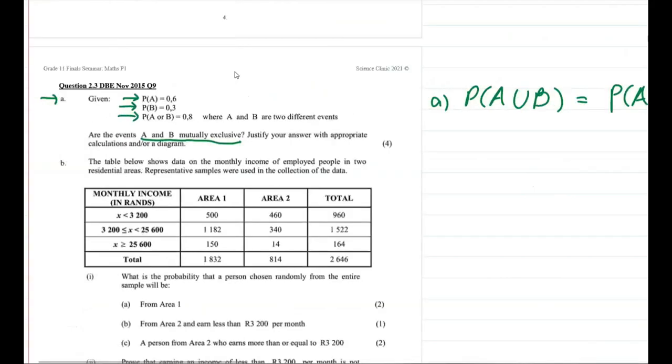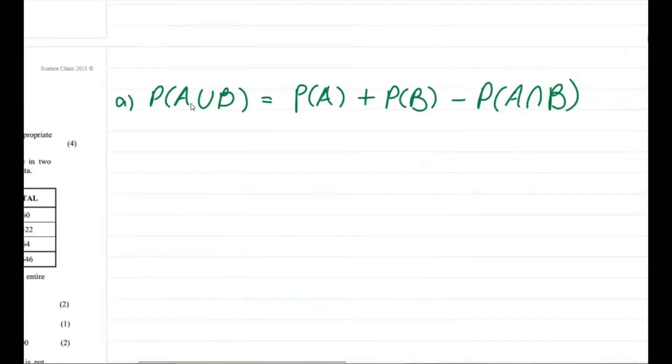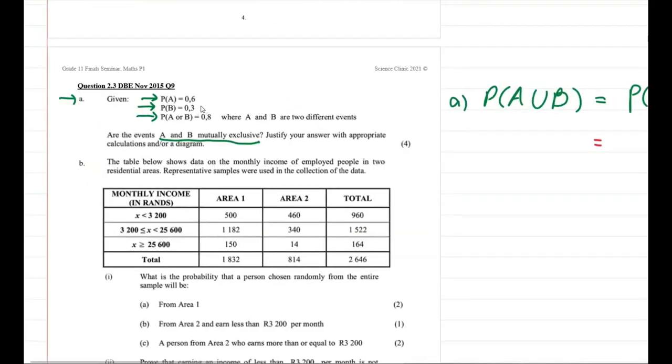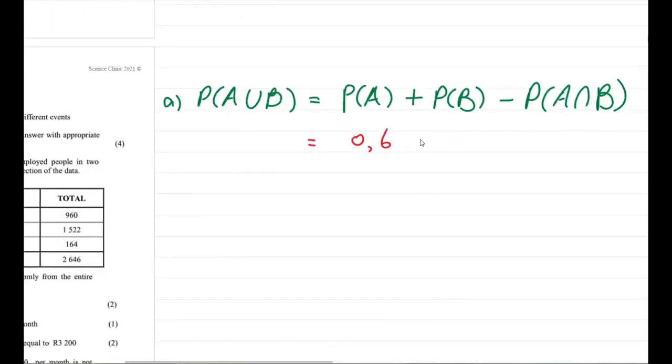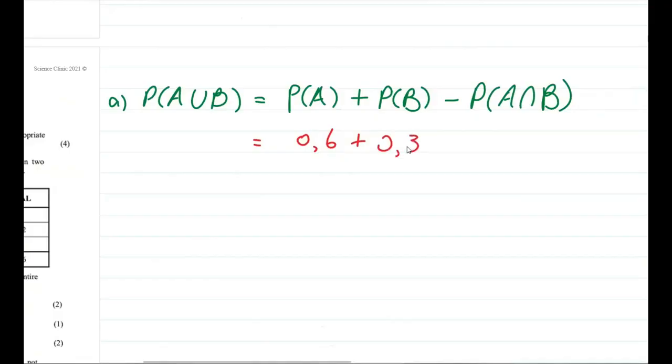All right. Well, what do they give you? They give you the probability of A. So we can substitute that into this formula, right? In the place of probability of A, we will put 0.6. In the place of probability of B, 0.3.